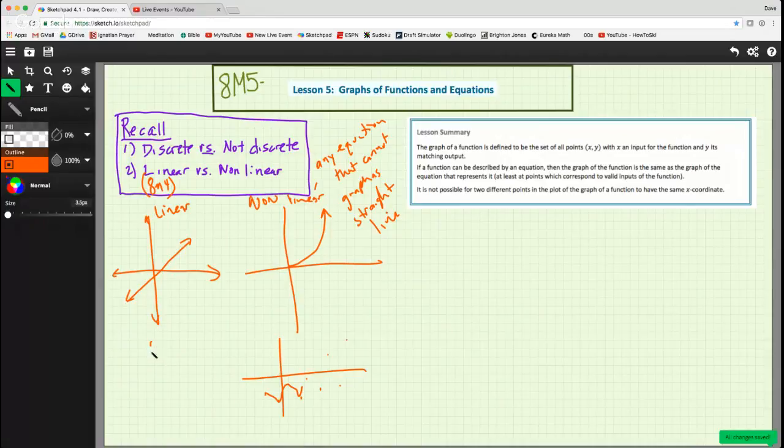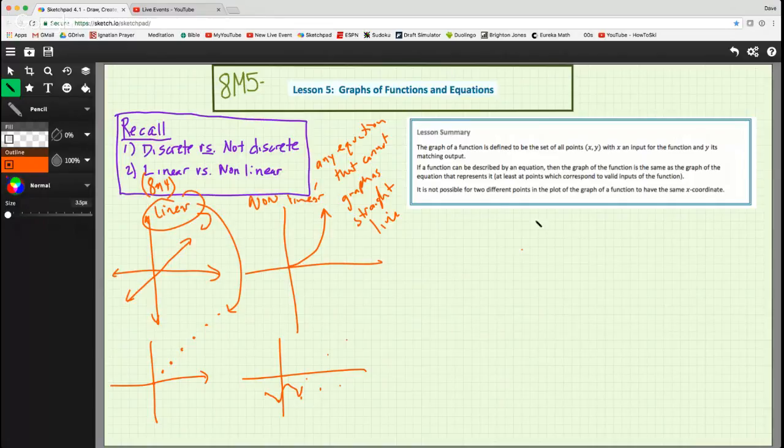Now, a linear equation can also be discrete. So you could have a linear equation that looks like this. This is also linear, as long as I can draw a straight line through all the points. As long as I can draw a straight line through all the points, this is linear.